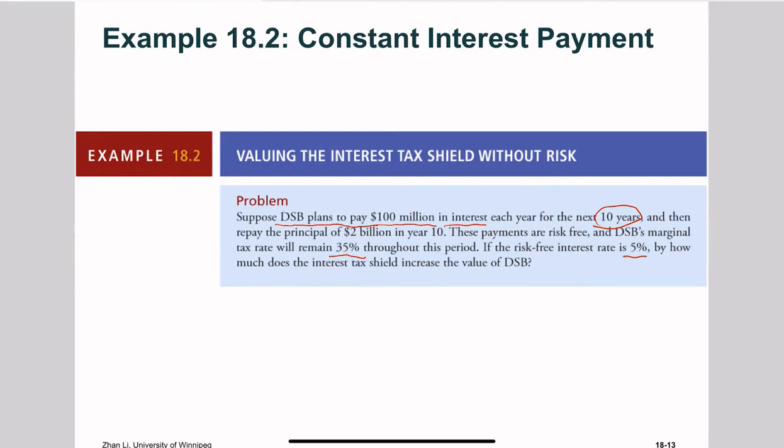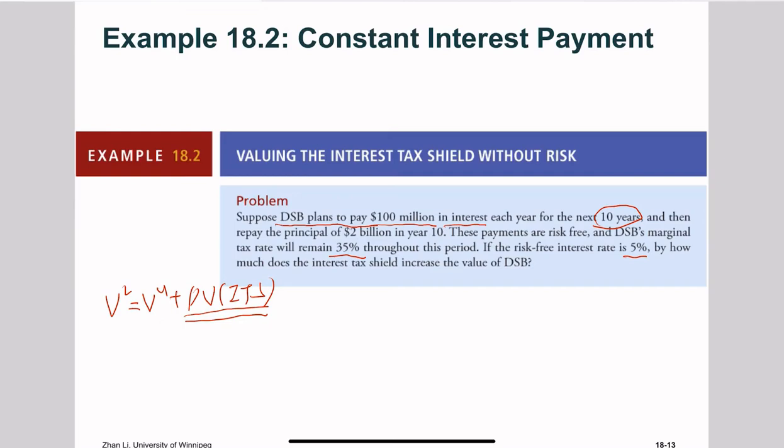By proposition 1, VL equals VU plus PV interest tax shield. So here our task is we want to find out what is the present value of the interest tax shield, right? And we know how to calculate interest tax shield per year, right?